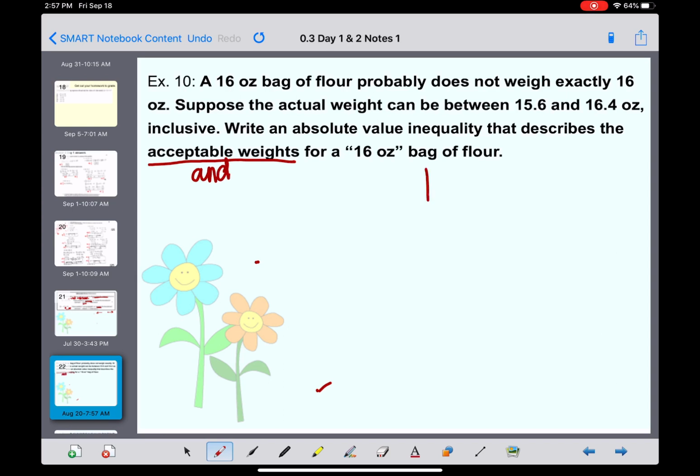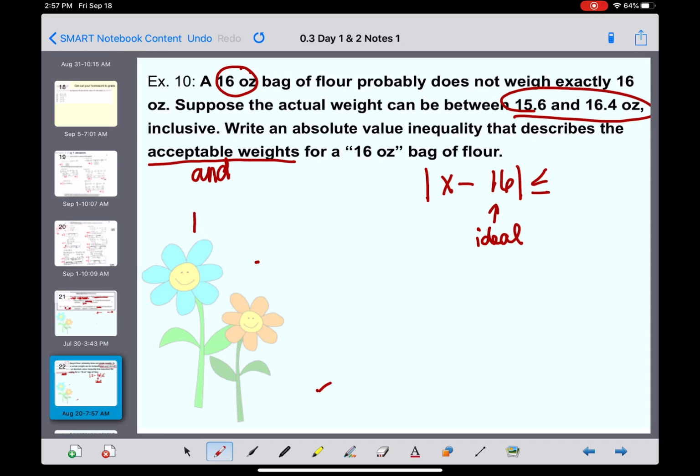Okay, so in my answer, I'm going to have x minus something less than or equal to something. Okay, so this number is my ideal. In this case, I want it to be 16 ounces. That's the ideal weight. So 16 goes there. Now, it says it can be between these two values, okay?